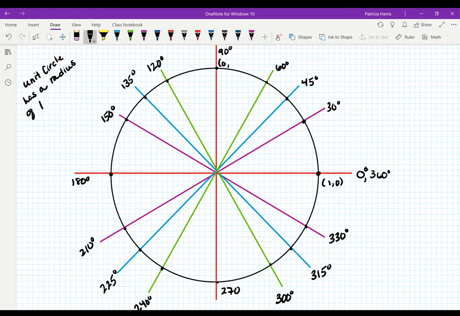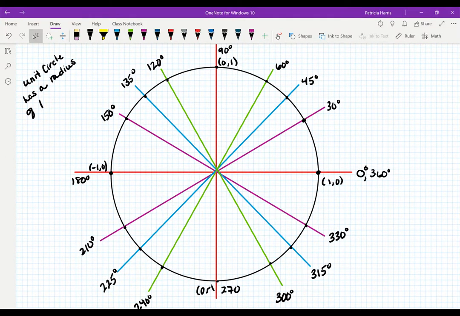This is the point (0, 1). This is the point (-1, 0). And this down here is the point (0, -1). Okay?